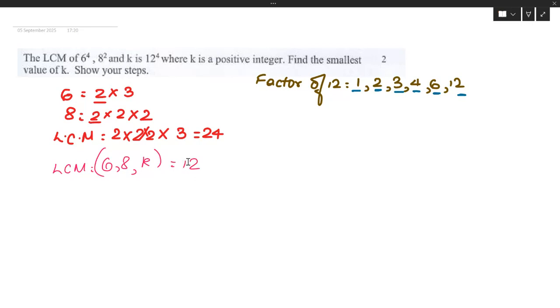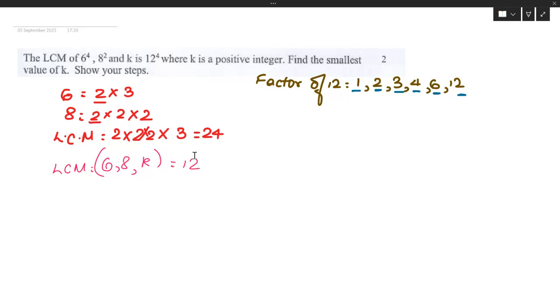Correct? Now see, 12 is not divisible by 8. Can you see that? In the eight times table, we don't have 12. If you divide 12 by 8, you get 1.5, so it is not a whole number. So 12 cannot be an LCM of 6 and 8.